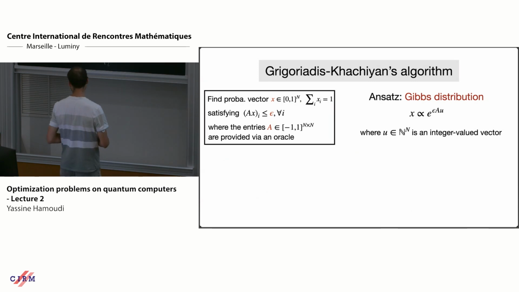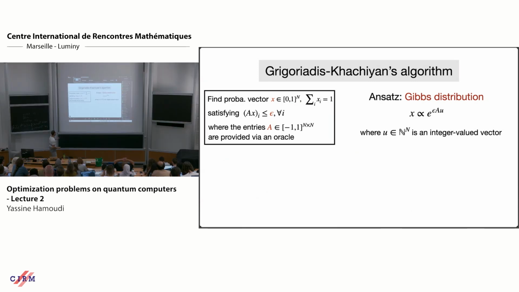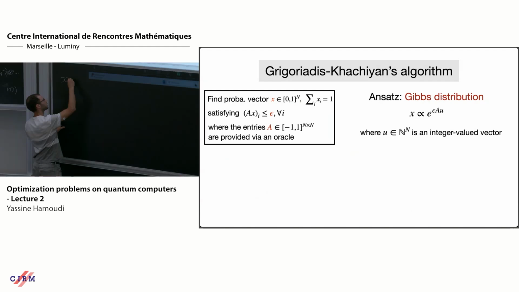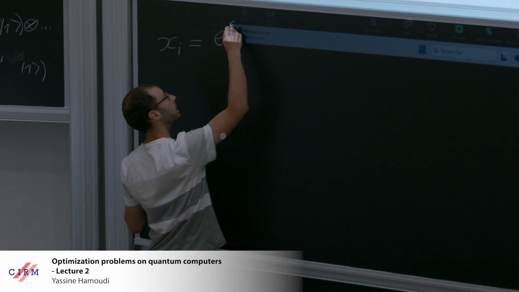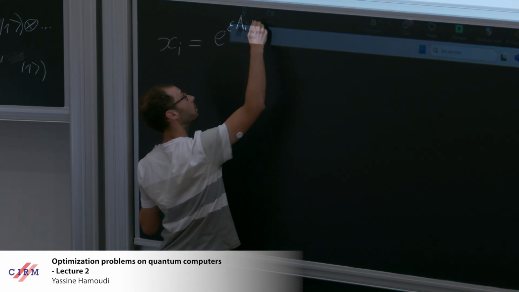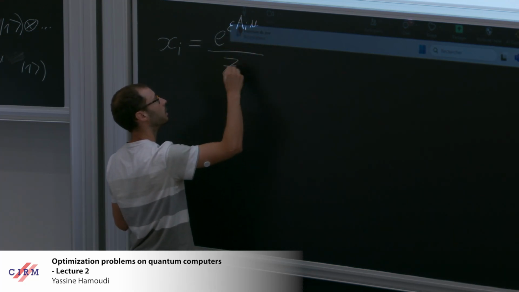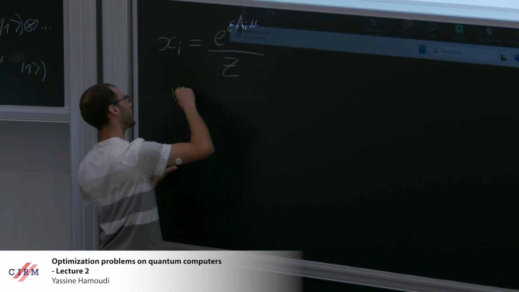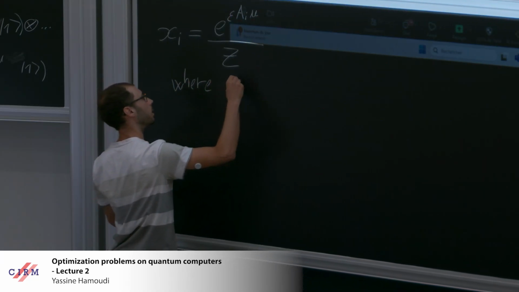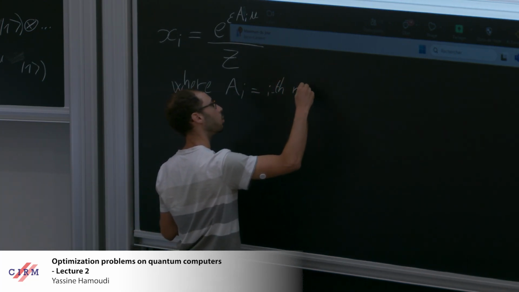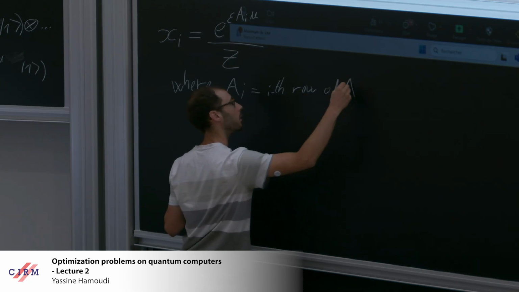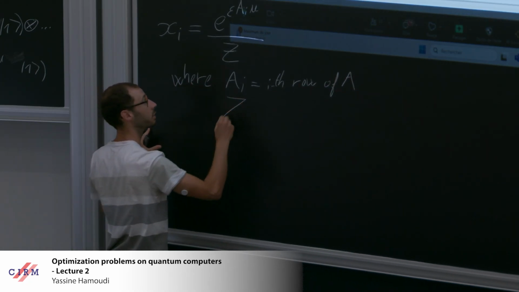So what do I mean by the notation on the top? Each coordinate x_i of x is equal to e to the epsilon a_i u, divided by Z, where a_i is the i-th row of A, and Z is just the normalization factor.